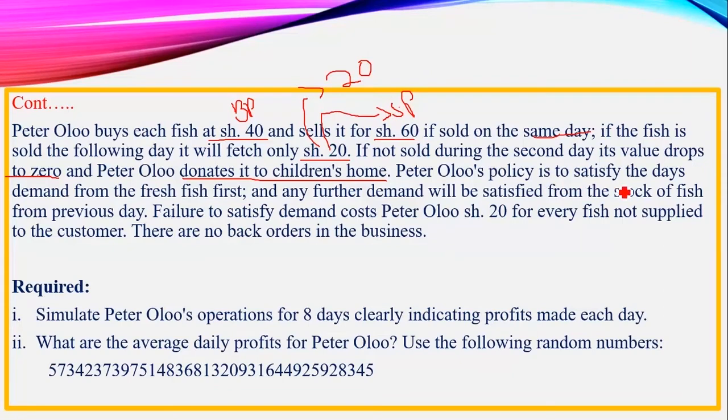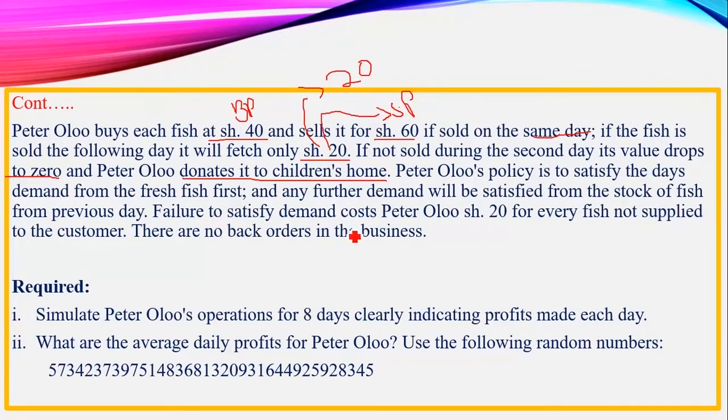Then his policy is to satisfy the day's demand from the fresh fish first. So if Peter Olo has 10 fish that remained yesterday and 20 fish that were bought today, that is fresh, he has to sell the 20 first and then sell the 10 belonging to the previous day. That is the policy for Peter Olo.